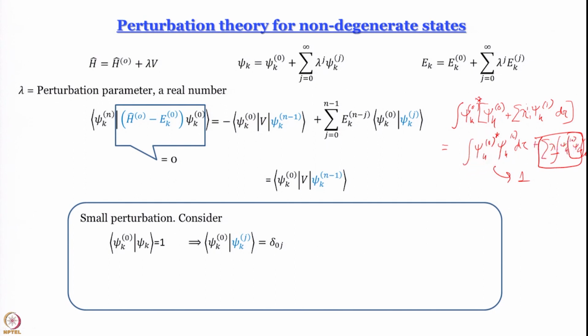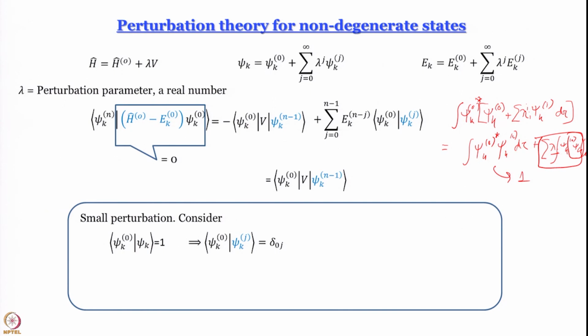So we write this delta function: psi k 0th star psi k jth integrated over all space turns out to be delta 0j, right. 1 for j equal to 0 and 0 for all other values of j. Okay.